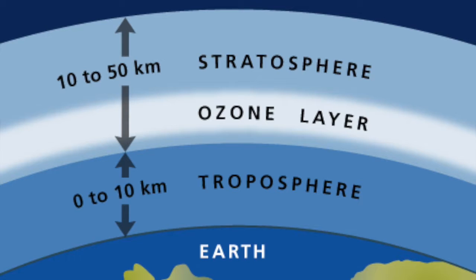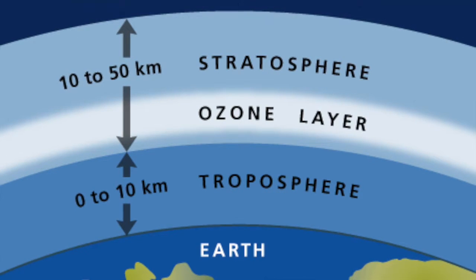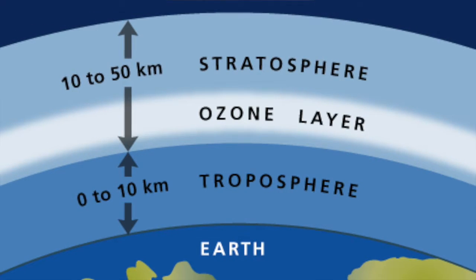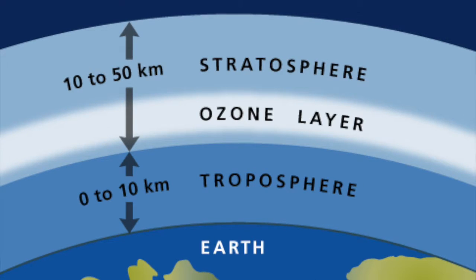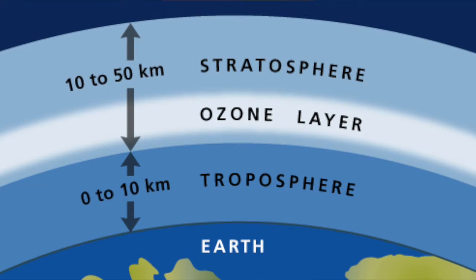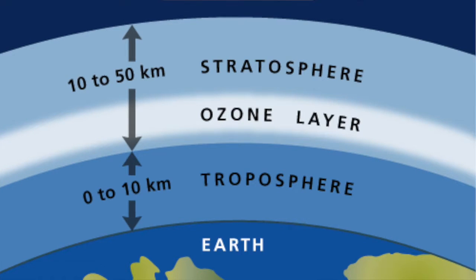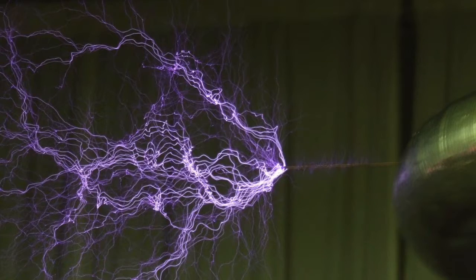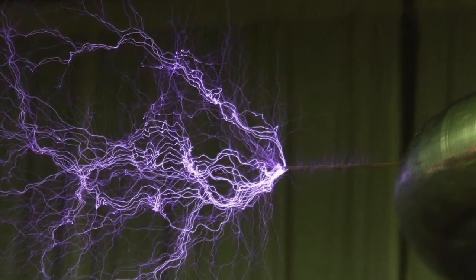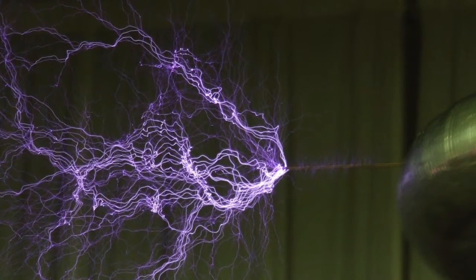The colorless, odorless oxygen gas that we breathe has the formula O2. Without this gas, all organisms would die. Ozone is a pale blue gas with the chemical formula O3. You can smell this gas.